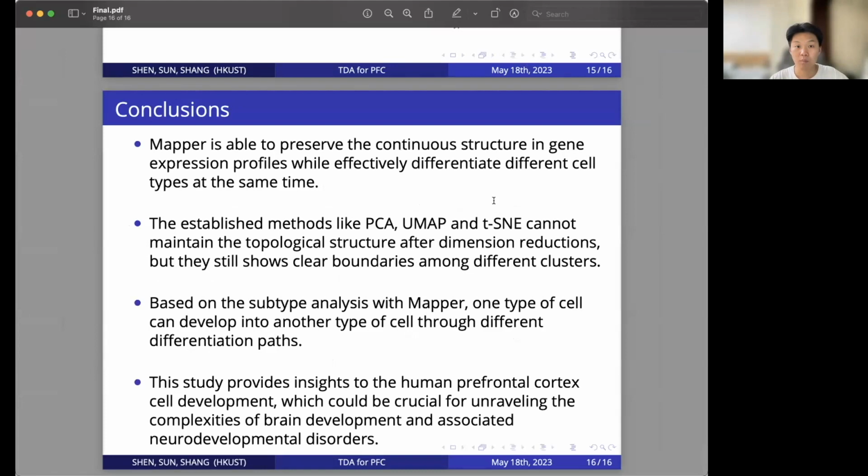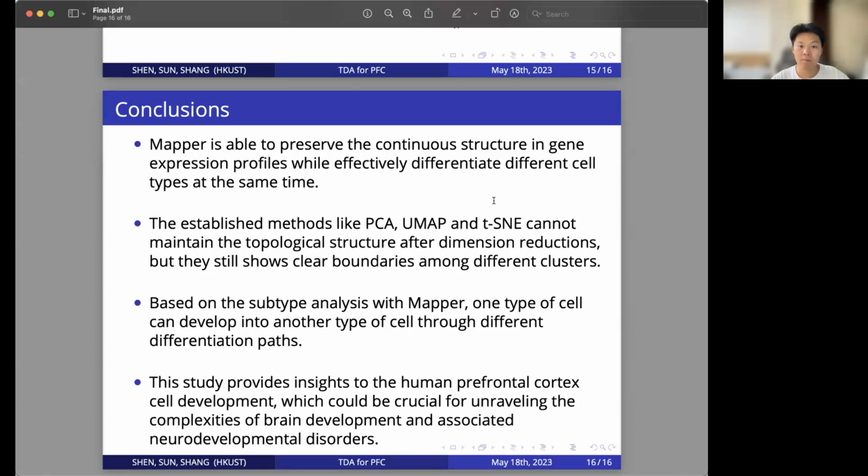To sum up, we may conclude that well-known dimensionality reduction methods such as PCA and UMAP can show clear boundaries among different clusters, but they cannot retain the topological structure of the original data. But with the help of the Mapper, we can preserve the continuous structure of the gene expression and effectively differentiate different cell types.